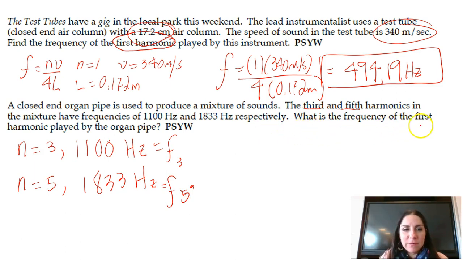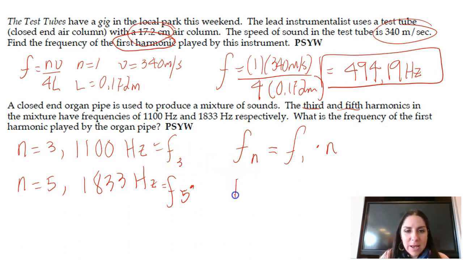What's the frequency of the first harmonic played? So actually, the best way is to do the equation we've used before, like this. Now, they actually gave us a lot more information than we needed. Technically, I only need to do this once, so I'll do the first set.